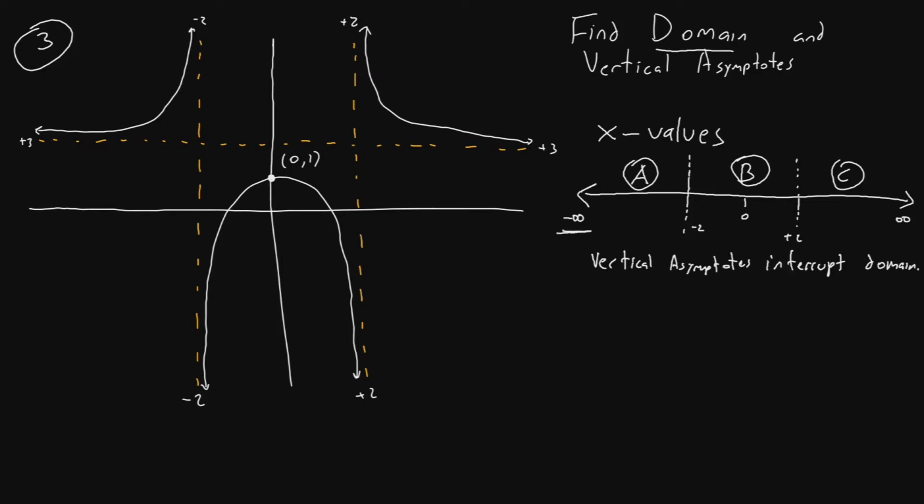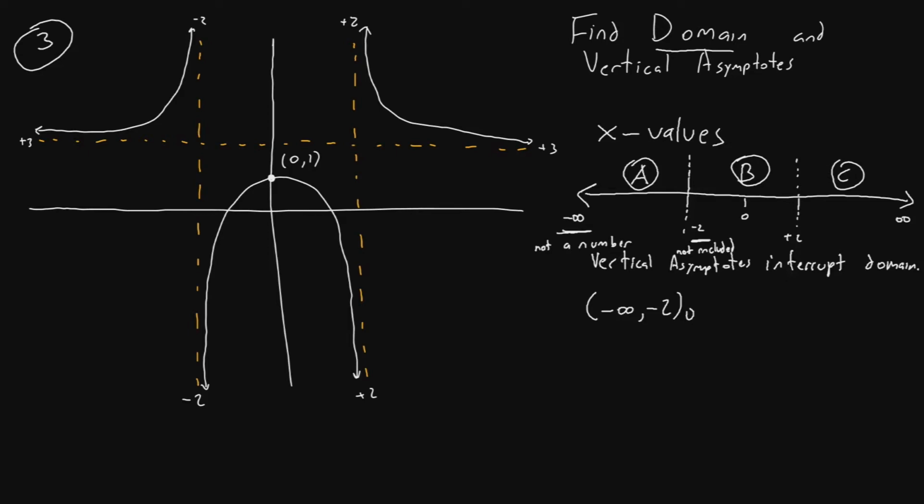Region A will go from -infinity to -2. This will be our first region in the domain. We'll use parentheses for both of them because infinity is not a number, and asymptotes are not included.